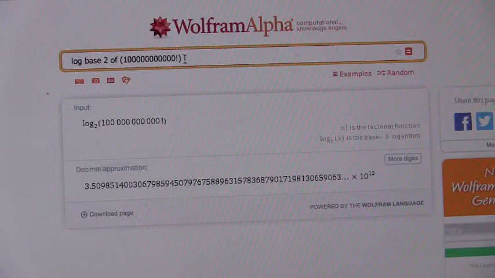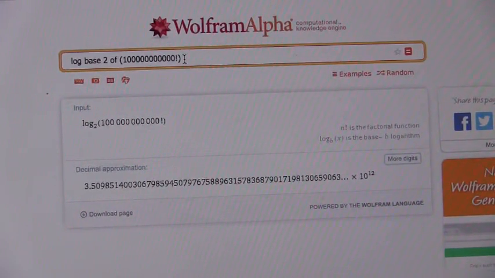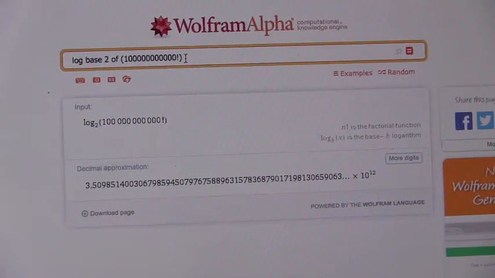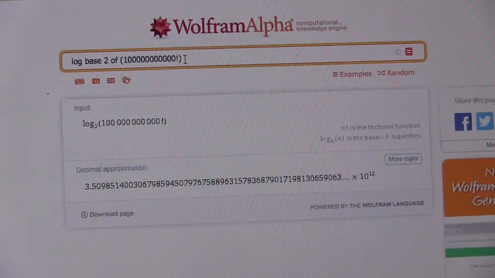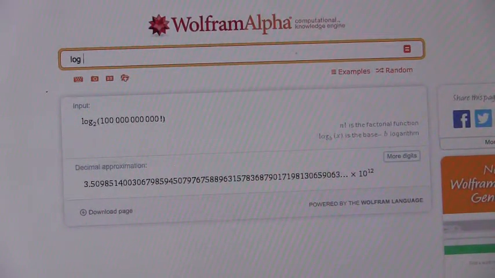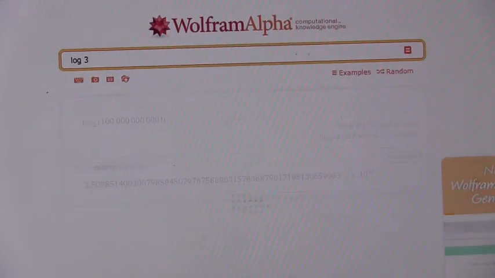It turns out, believe it or not, that there's actually a very special logarithm that most mathematicians use. They call it the natural logarithm. And we'll see if this is what Wolfram Alpha defaults to. I don't know, but we can check by looking at log of 3.